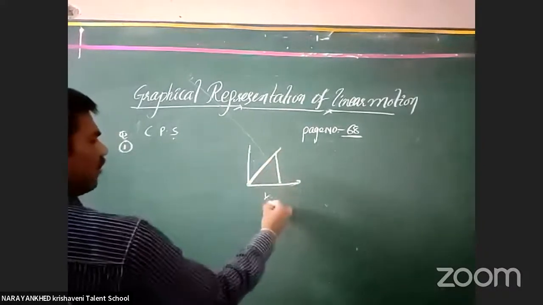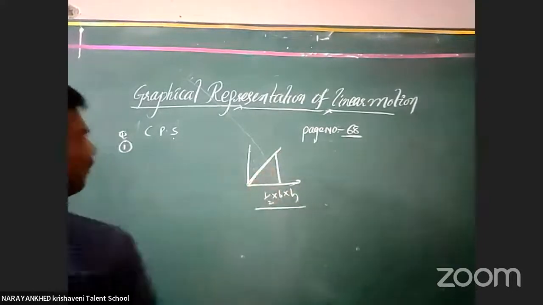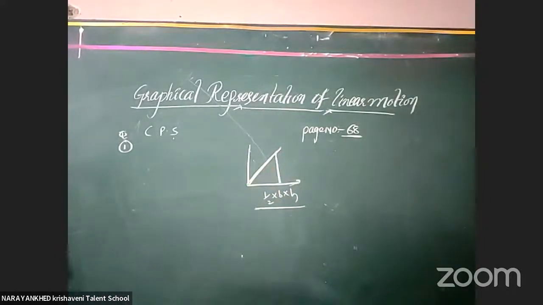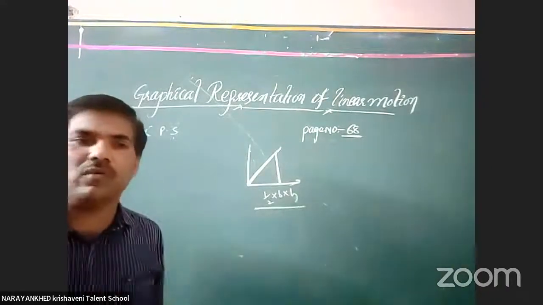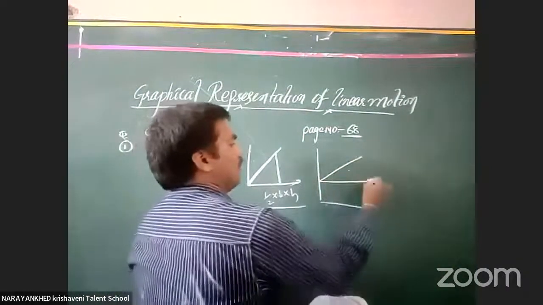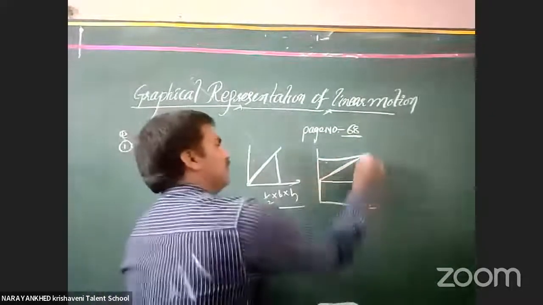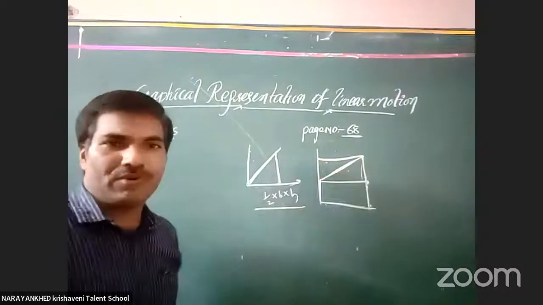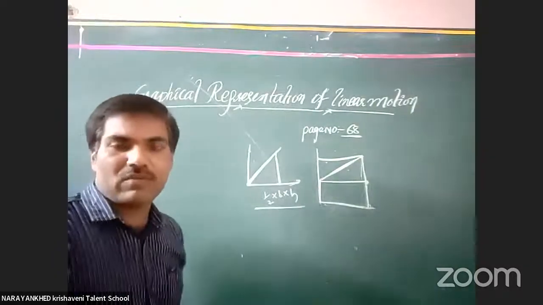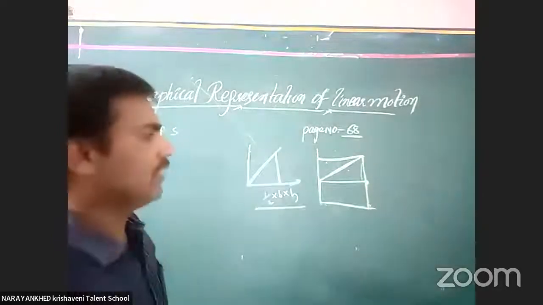This triangle, half into base into height, gives the distance, the displacement covered by the body. Or otherwise you take a graph like this, and one trapezium will be formed. The area of the trapezium also gives displacement only.